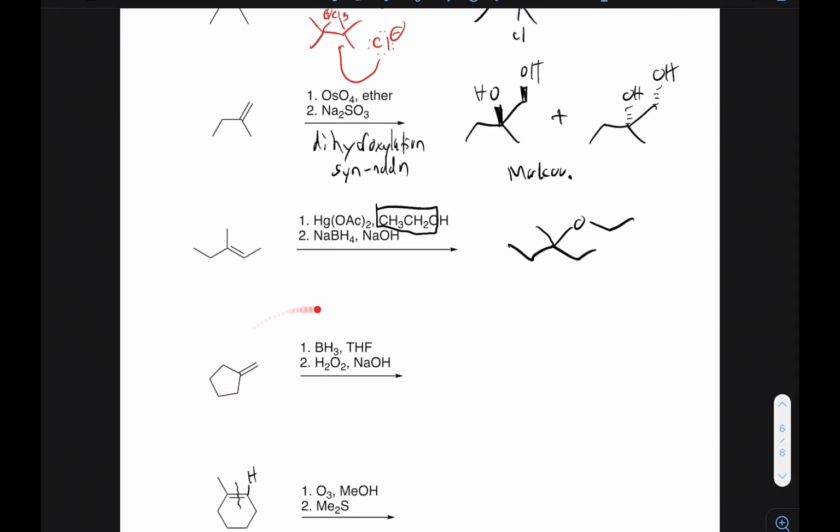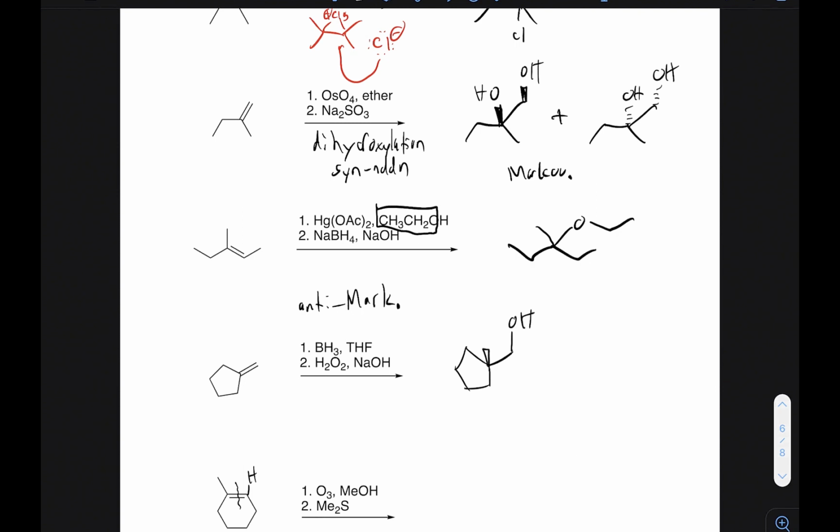All right, so for this next question here, we have this hydroboration oxidation taking place, where across the alkene we are adding an OH anti-Markovnikov. We're adding that OH to the less substituted carbon on the alkene. So across that alkene, we're getting an OH added right there, and on the other side, we have a hydrogen.